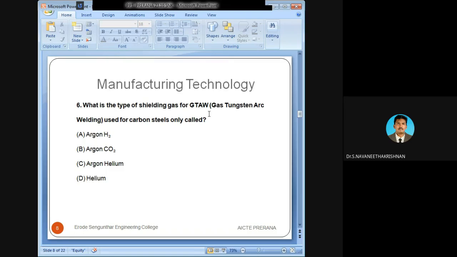So these are the four answers. So what is the answer for that? Student, tell me what is the answer for that?